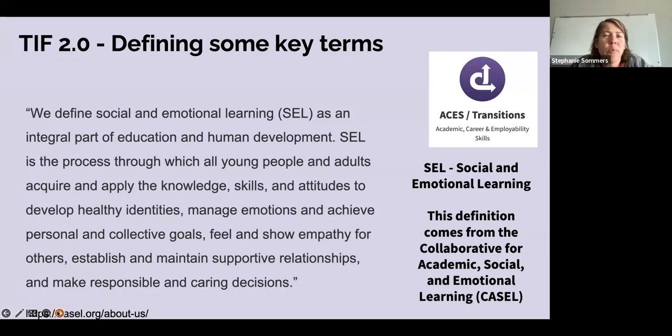SEL is the process through which all young people and adults acquire and apply the knowledge, skills, and attitudes to develop healthy identities, manage emotions, and achieve personal and collective goals. Feel and show empathy for others, establish and maintain supportive relationships, and make responsible and caring decisions.